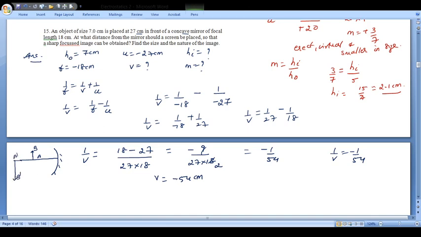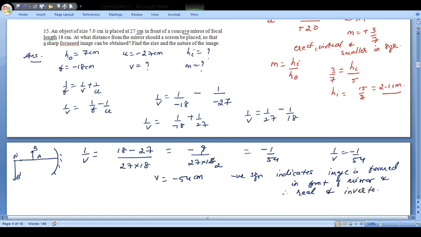So the negative sign basically indicates the image is formed in front of the mirror, and therefore it is real and inverted. If the image is formed in front of the mirror, then the image is real and inverted, and if the image is formed at the other side of the mirror, then it is always going to be erect and virtual.